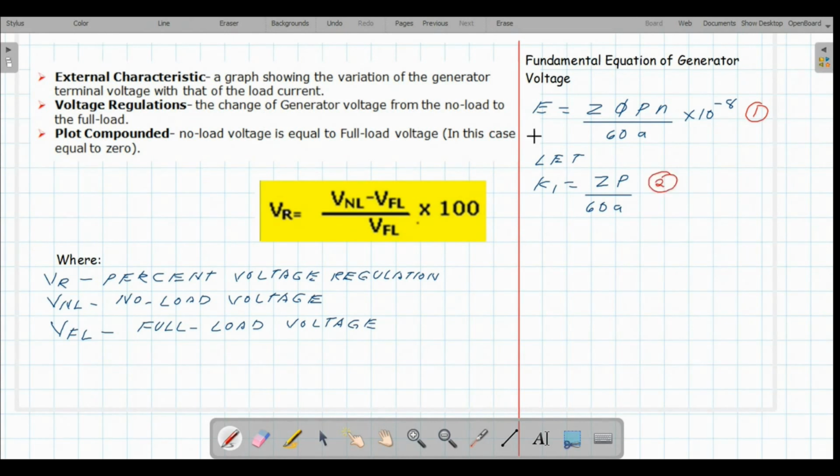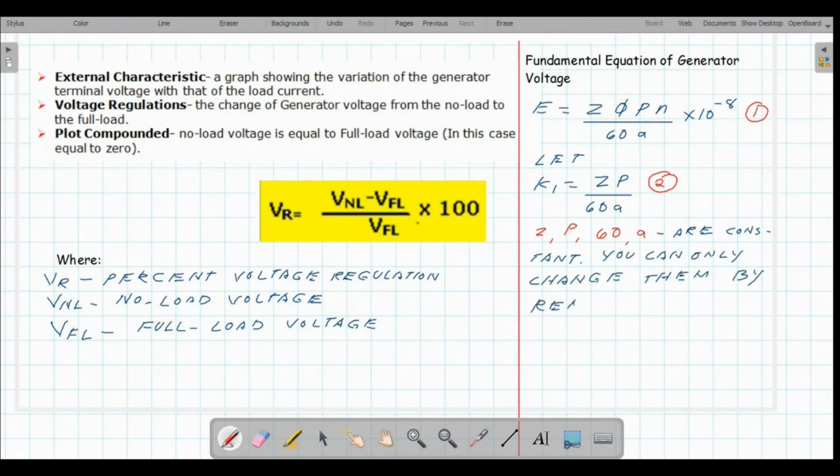So, itong number of inductors, number of poles, yung conversion factor na 60, at number of parallel paths, lahat daw yan ay constant. Bakit naging constant? Kasi you can only change them by remodeling the machine. So, i-remodel mo lang yung machine para mabago mo siya.